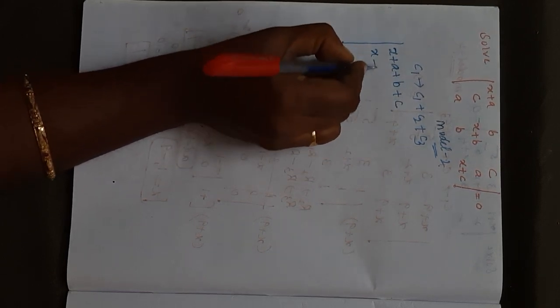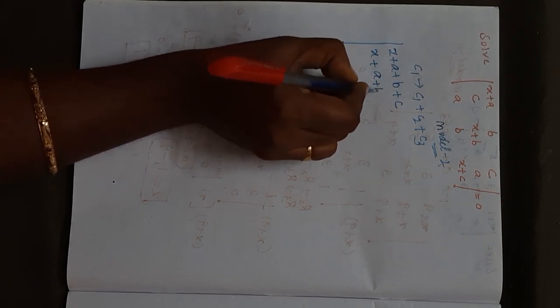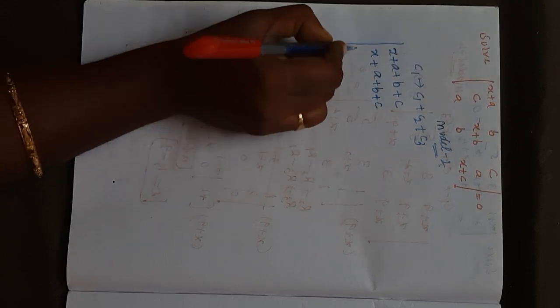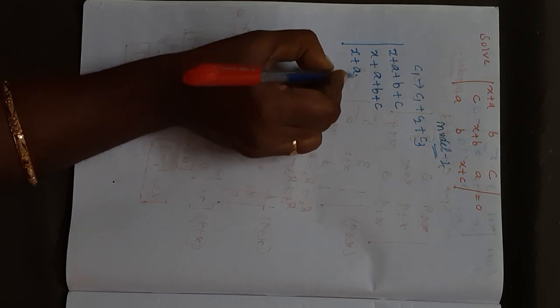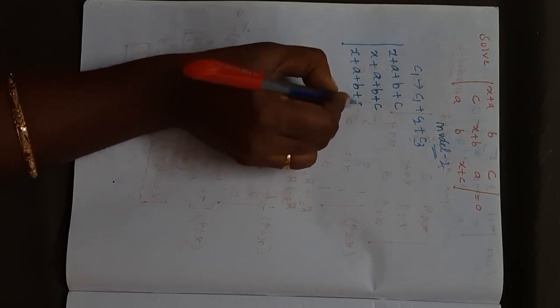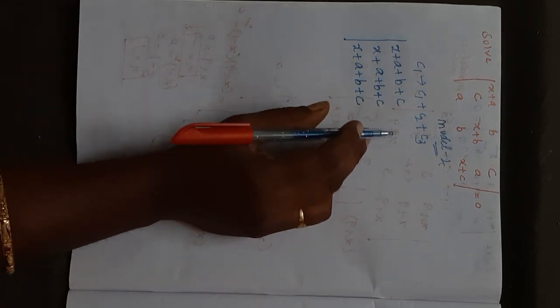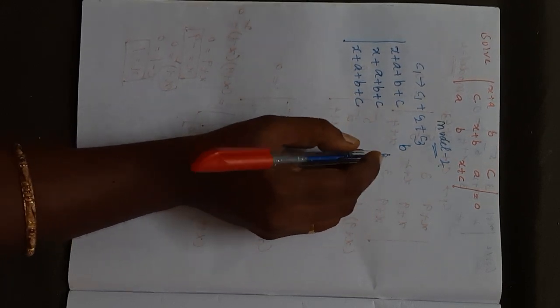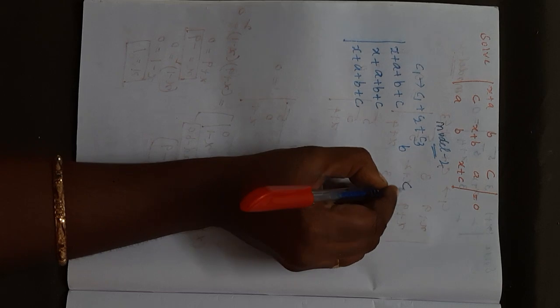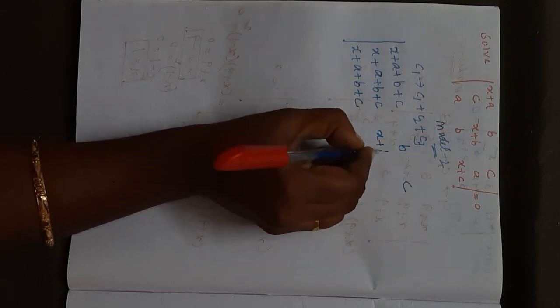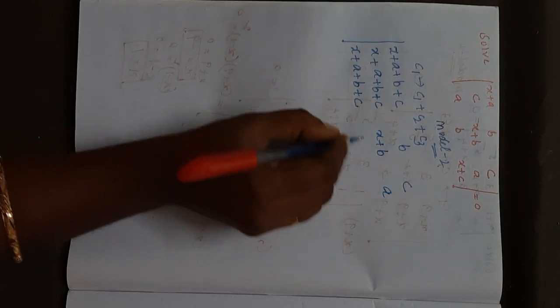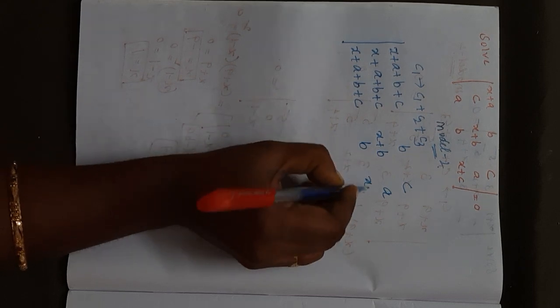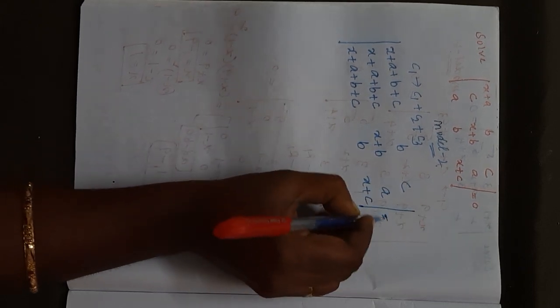Here also x plus a plus b plus c, x plus a plus b plus c. సో కాలం 1లో రాసిన తర్వాత రిమైనింగ్ 2 కాలమ్స్ సేమ్ యాస్టీస్ రాసేయండి. b, c; x plus b, a; b, x plus c equal to 0.